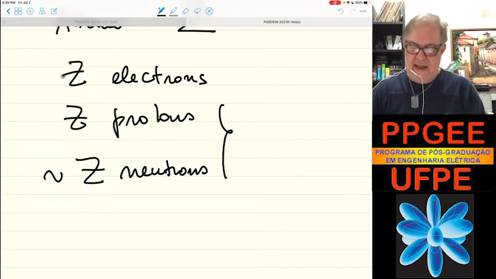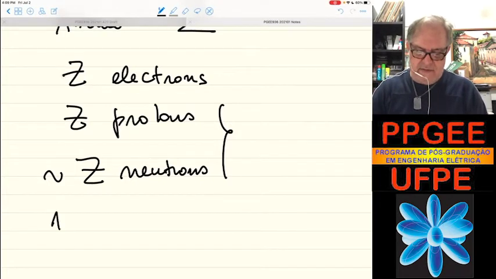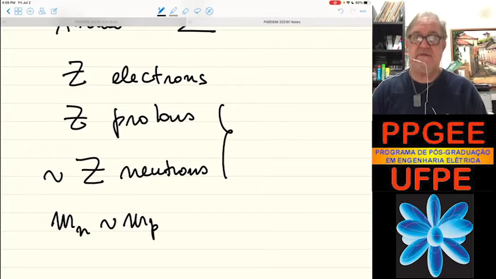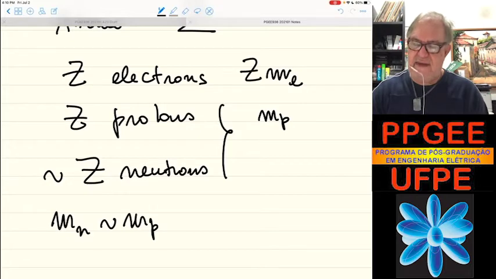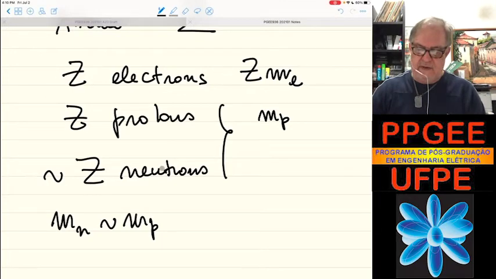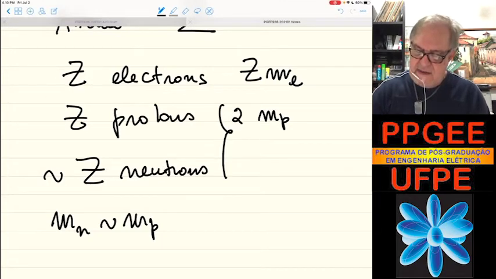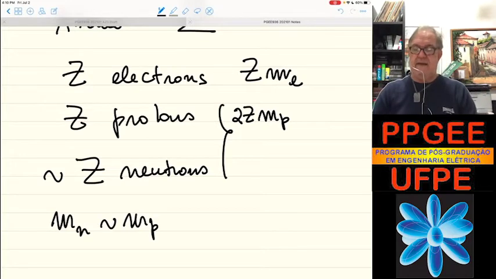But recall that the mass of the neutron is approximately equal to the mass of the proton. So let's say that the electron mass is m_e and the proton mass is m_p. We have a total mass of electrons Z times m_e, and the total mass of the nucleus is approximately 2 times Z m_p.